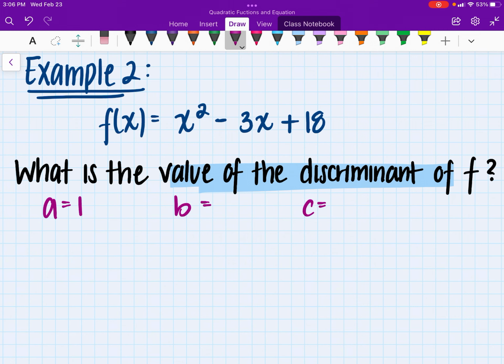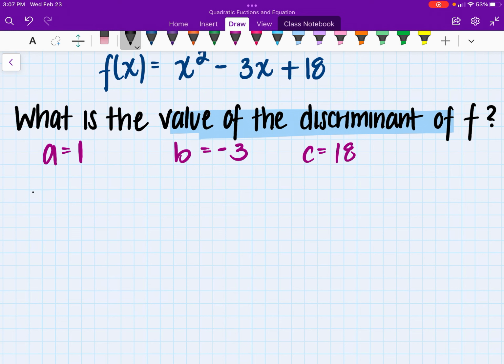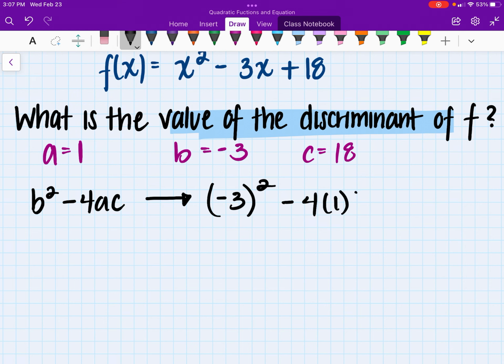So a in this case is 1, b is -3, and c is 18. Now let's do our basic substitution. We have b squared minus 4ac. B in this case is -3, so I need to put that in parentheses. -3 squared minus 4 times a, which is 1, times c.